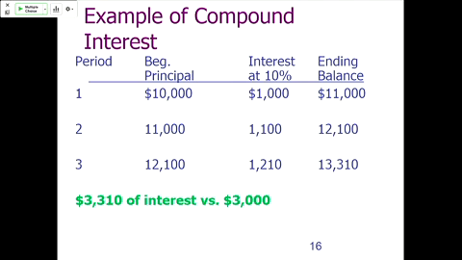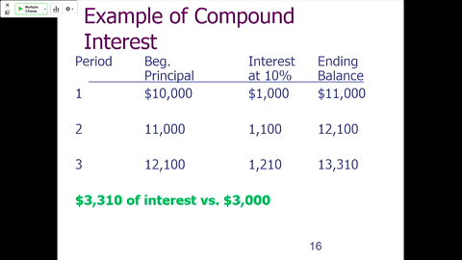Year 3, my balance is $12,100, not the $10,000. Again, multiplied by 10%. Now I've earned an additional $200 on top of that original $1,000. So if I'm comparing simple interest, $3,000, to compound, I have an additional $310 over 3 years.